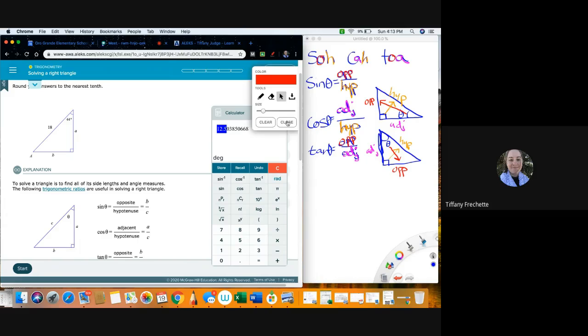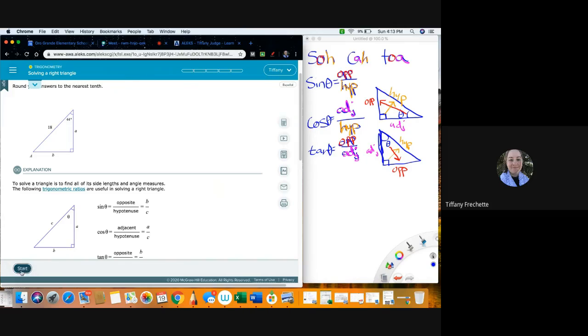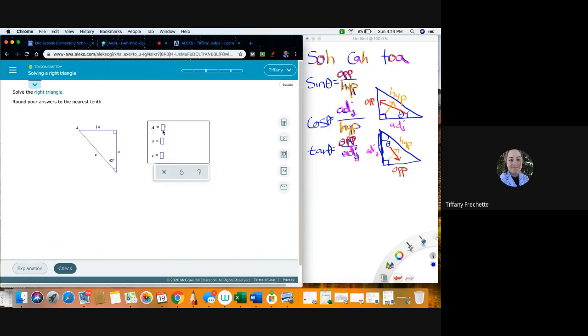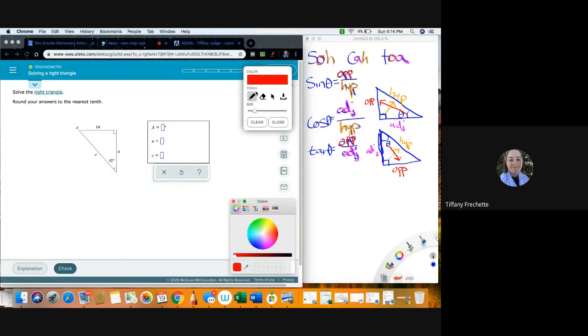So let's go ahead and clear this and actually start the next page here so we can see what's going on. First, let's fill in angle A because that's generally the easiest one to fill in. So let's go with a different color so that I'm not using the same colors that are over here. Remember, they all add up to 180 degrees, and I'm going to subtract what I'm already using.